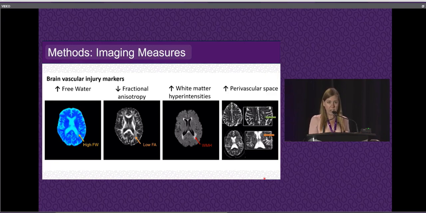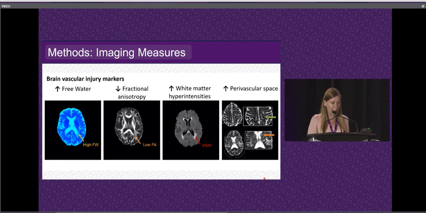So free water and fractional anisotropy were generated using the same method in both POINTER and Framingham. We used the free water pipeline that we developed for the MarkVCID consortium. As Tessa mentioned, white matter hyperintensities have also been generated using the same method, the UCD white matter hyperintensities segmentation toolbox. Only perivascular space was measured differently between Framingham and POINTER. In POINTER, we used a volumetric measure using a method developed by Lisa Silbert from Oregon University.